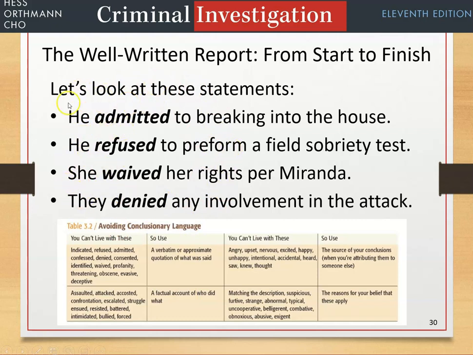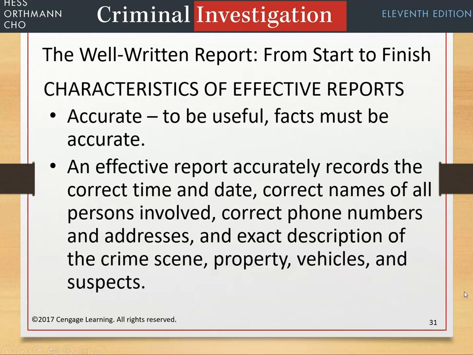Because first, you want to know who this is, the he, she, they. But more importantly, you're going to want to be able to show how did they admit this? How did they refuse? How did she wave? What did they do to show that they denied? So again, these are important things for us to consider.